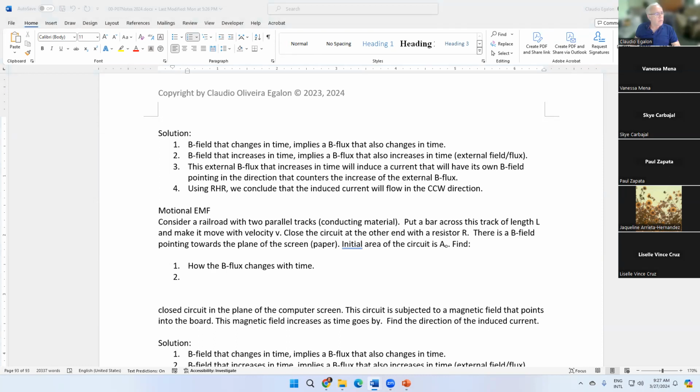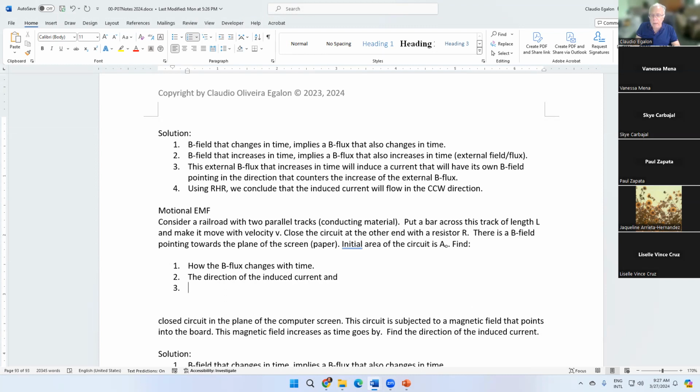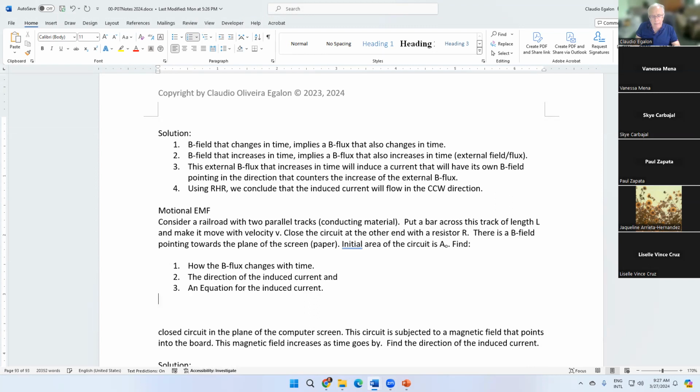Two, the direction of the induced current. And three, an equation for the induced current. Like that.